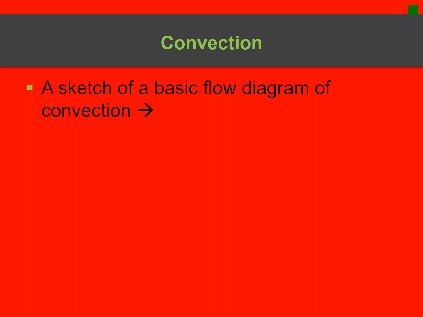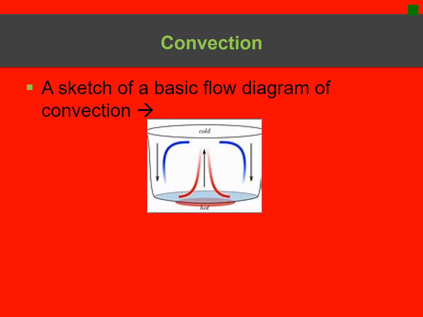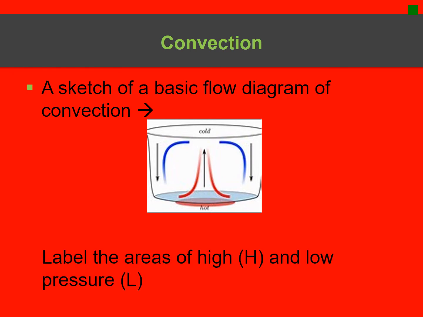Let's draw a sketch of a basic flowchart diagram of this convection. Basically we have the hot going to the cold. We need to label the areas of high and low pressures. It always goes from high to low. Remember, high pressure means more dense. So which will be more dense, cold or hot?